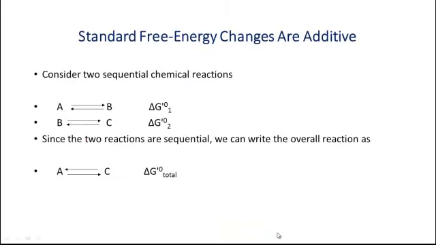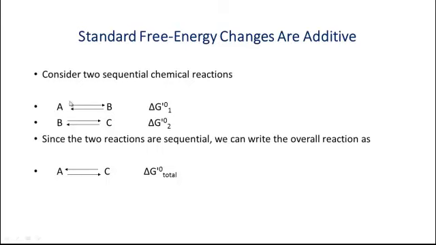Now coming to the point that the standard free energy changes for a reaction are additive in nature. What does this mean? This fact is applicable only for the reactions which occur in a sequence.